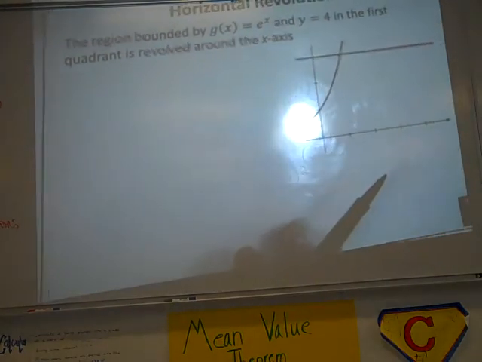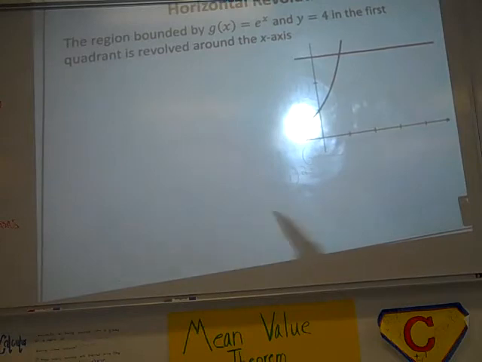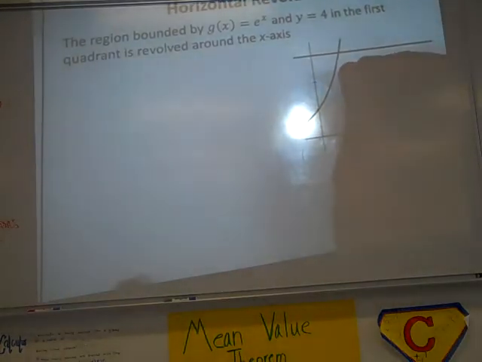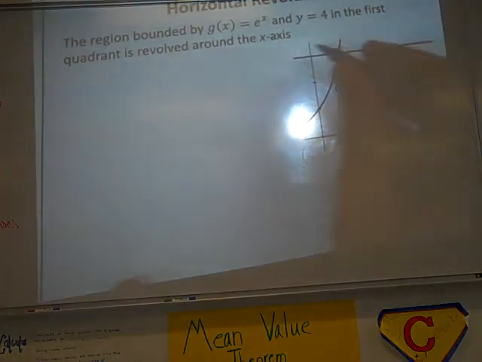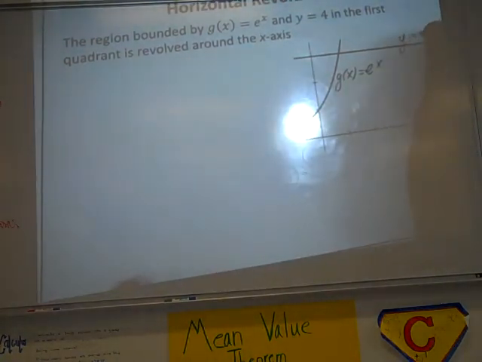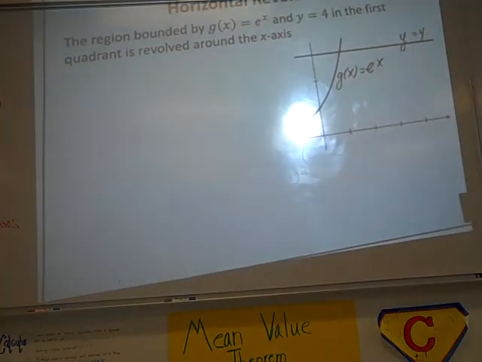This next problem, we have the region bounded by g of x equals e to the x, so this guy over here is exponential e to the x, and the line y equals 4. So that's this in the first quadrant, and we're revolving it around the x-axis. My advice to my calculus students always is let's actually make sure that you know what we're looking at, what the region is.